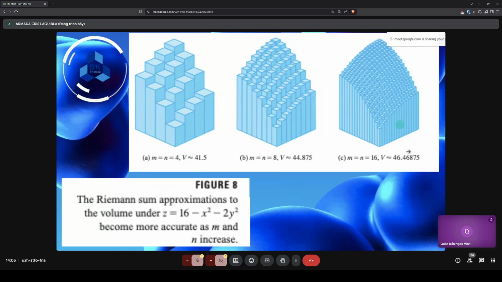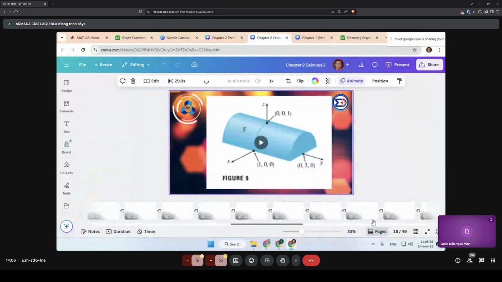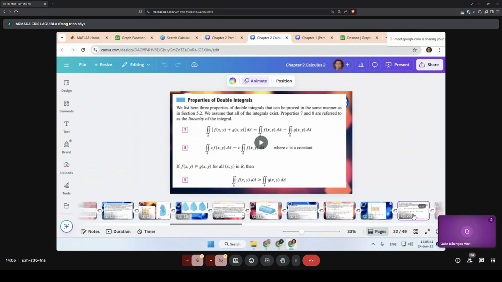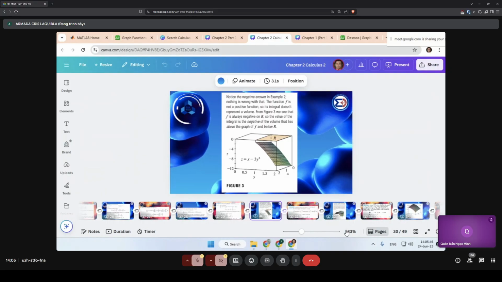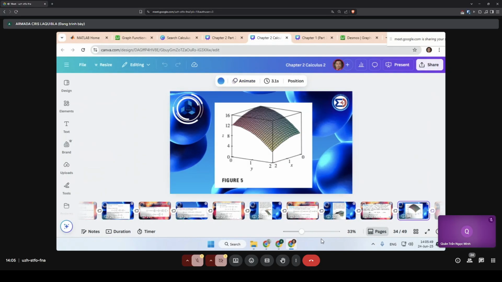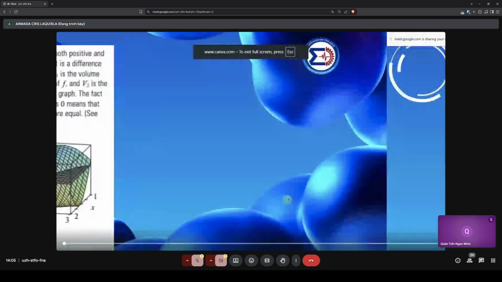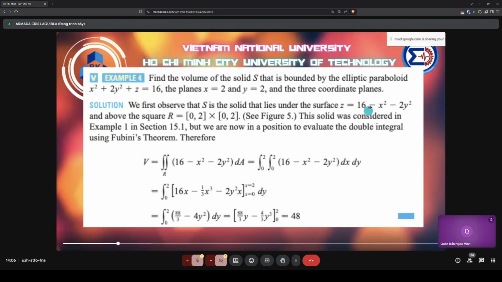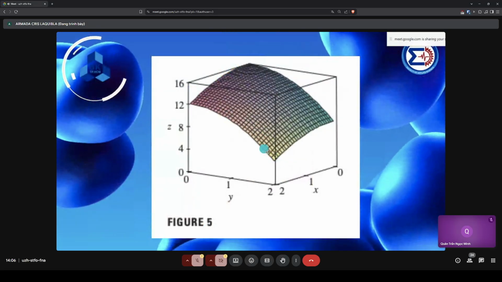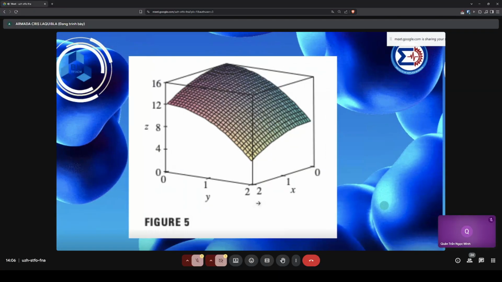So this is the approximation, and the real exact value must be 48, right? If you solve it using the double integral, which is this one, the z is the same, and this is your R there. 48, and as you can see in the figure, it is almost the same. They're just the same graph.